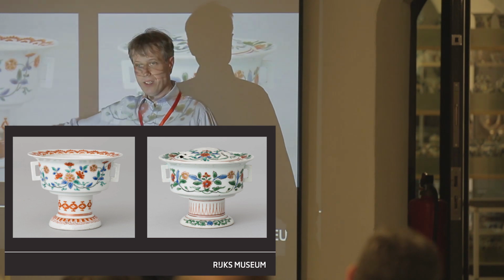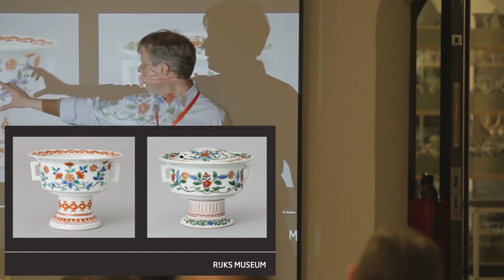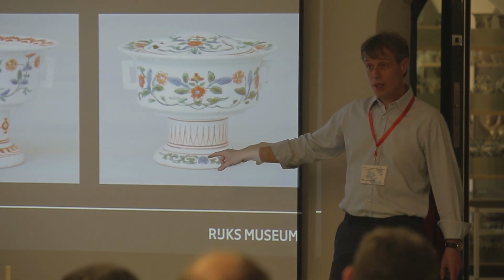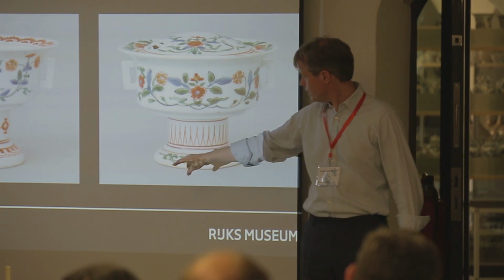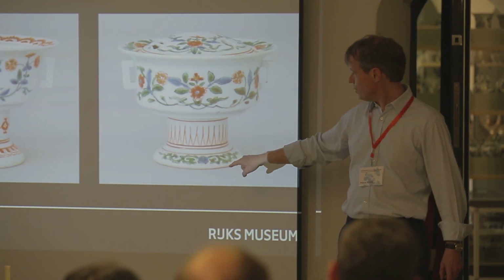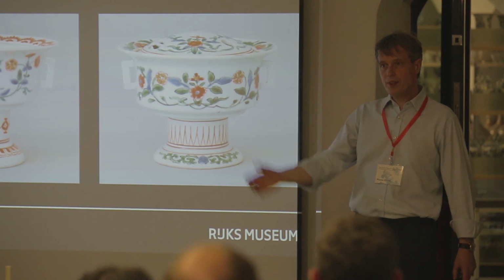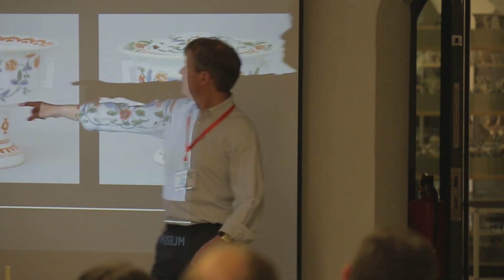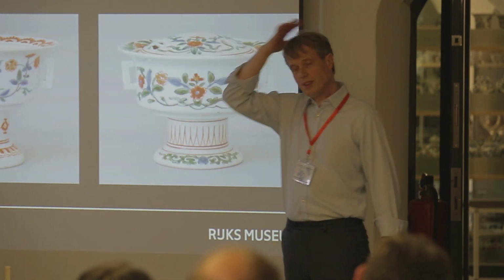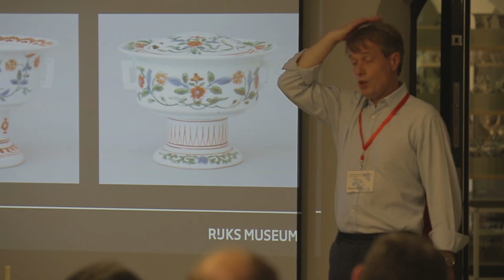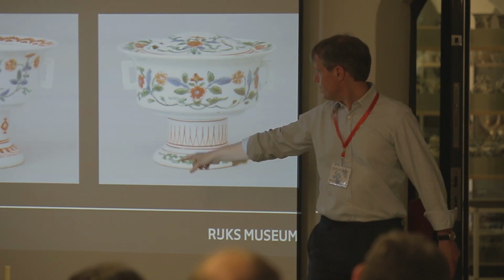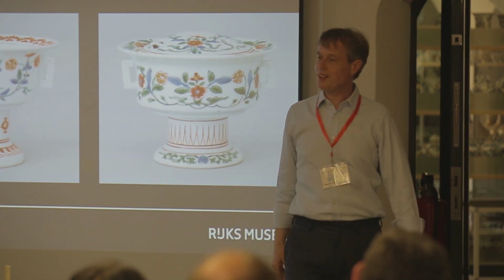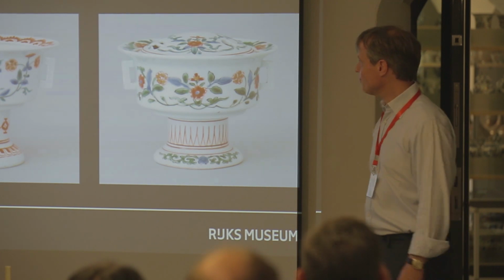This is more the Kakiemon palette as we know it, more classical, and this is, I think, maybe earlier, or maybe not, because this Karakusa scroll here looks earlier, more something we associate with around 1660, 1670, and that's later. So what are we looking at? Maybe I'm wrong, maybe they made this later as well, or is this earlier and they could still use the same shape 30 years later to make a new pot?